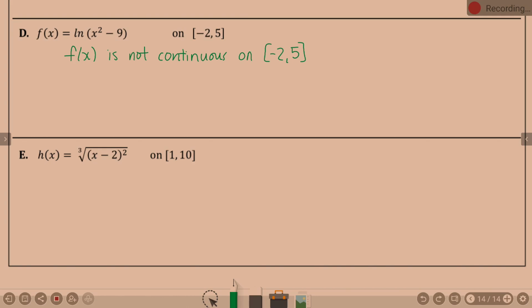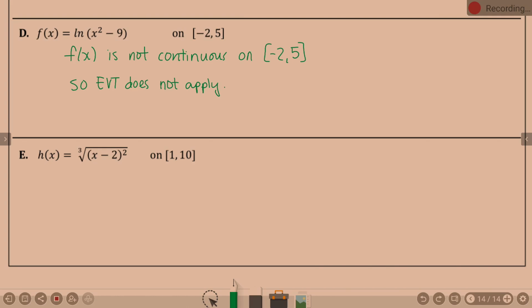So EVT does not apply. Doesn't mean there's not a possible max and possible min there, right? I just can't use the basis of EVT to find them. So, okay. And E.